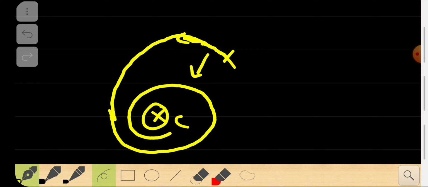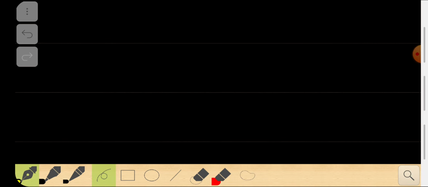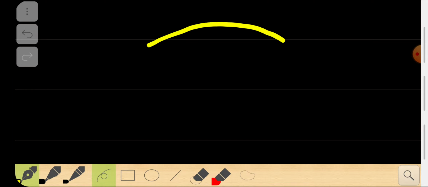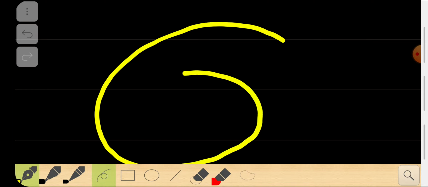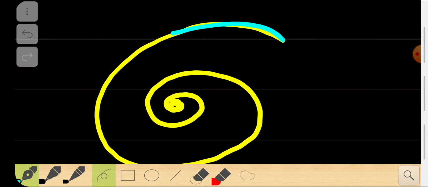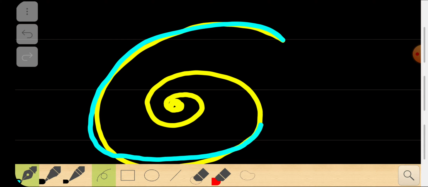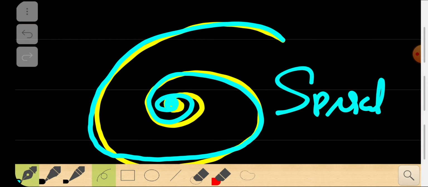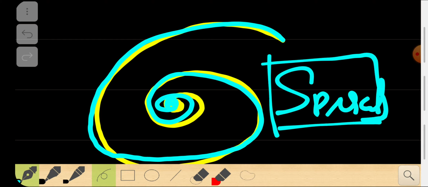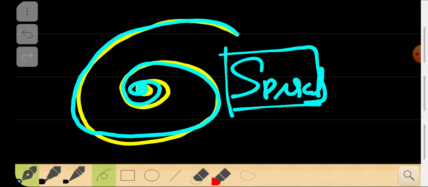A path will look something like this, a spiral. It's going to get faster as it gets to the center. That's a spiral motion. So what we have dealt with so far is an equation for a spiral motion.